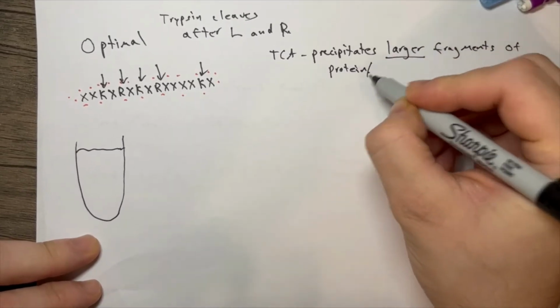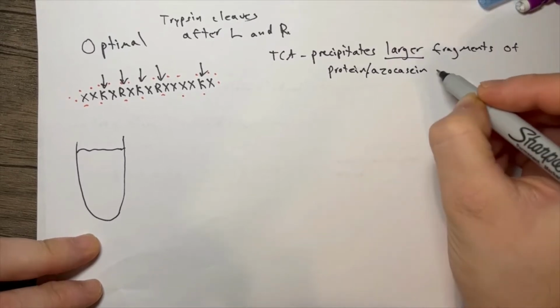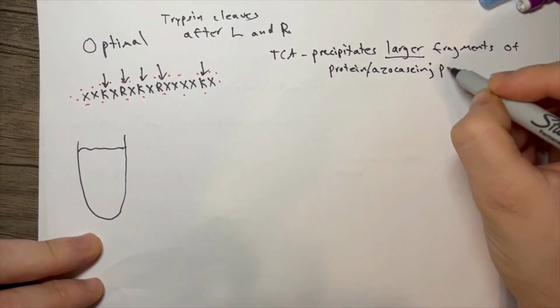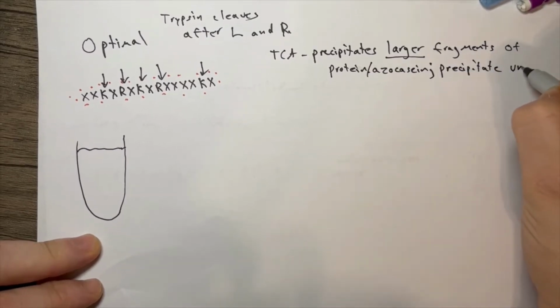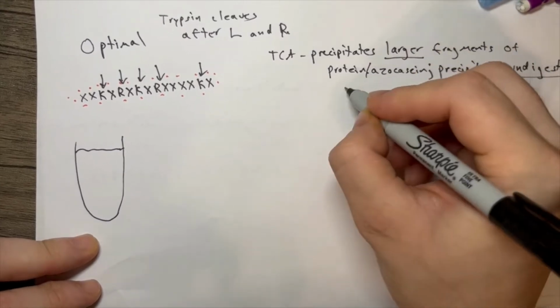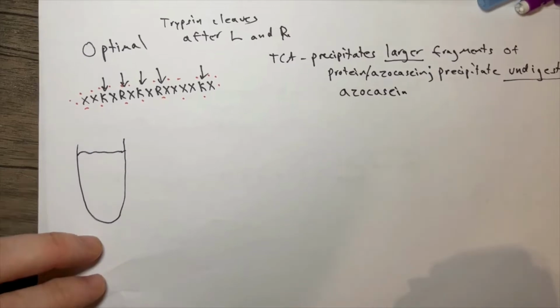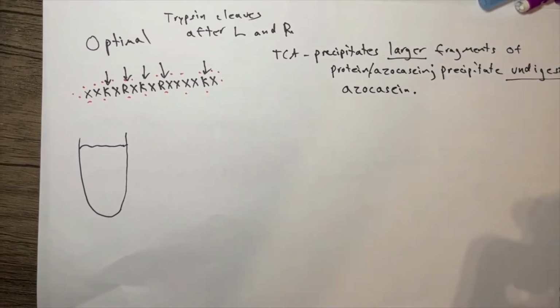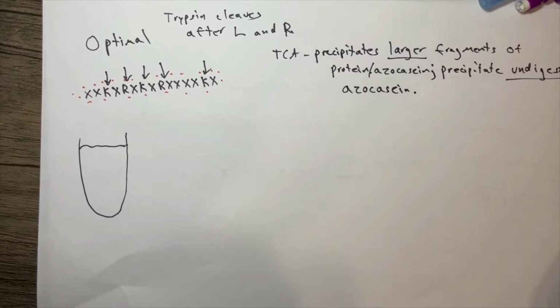So it'll precipitate larger fragments of our azocasein. In other words, precipitate undigested azocasein, or uncleaved, or parts of larger fragments that trypsin was not able to act on.